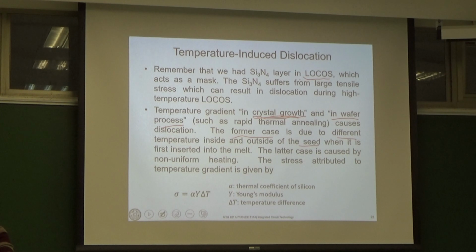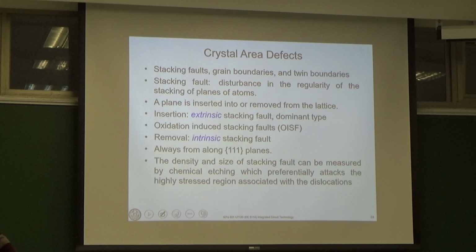And this stress resulting from your temperature gradient can be given by this formula here. So you have the thermal coefficient, you have Young's modulus, you have the temperature difference, delta T here. Okay, so now we'll move to the area defects.